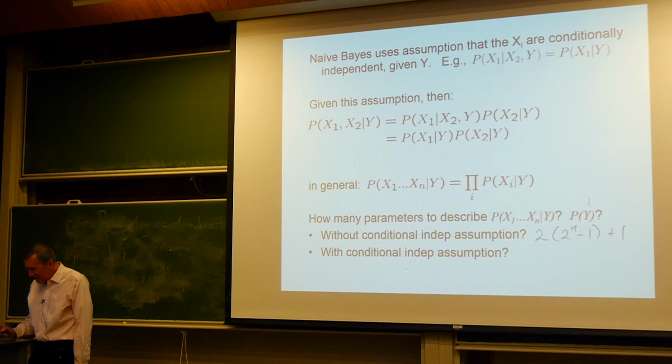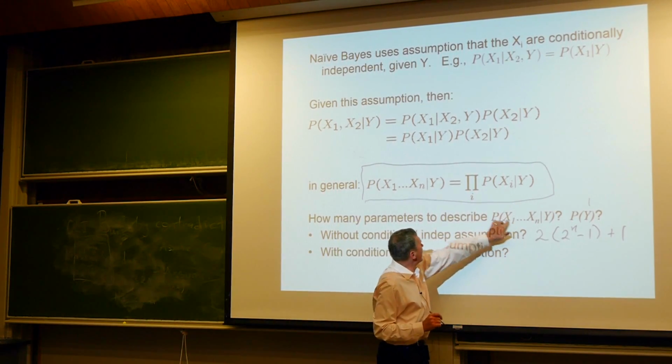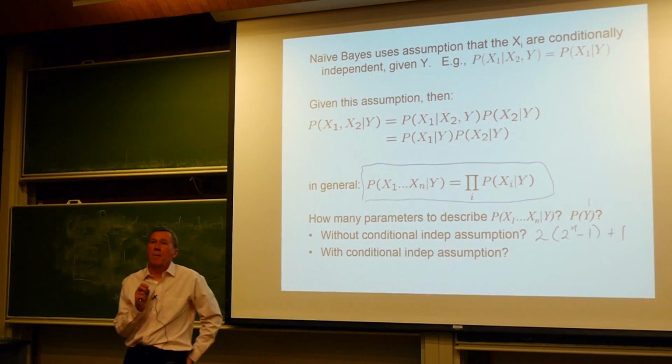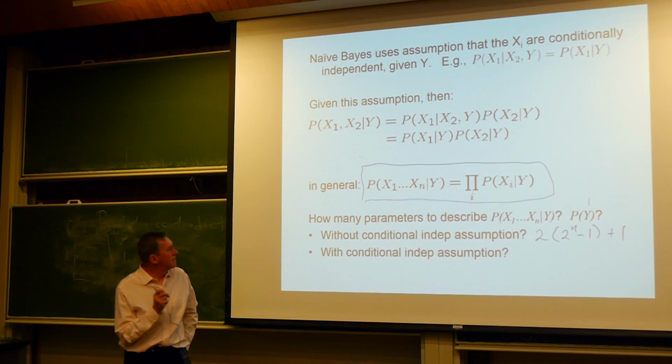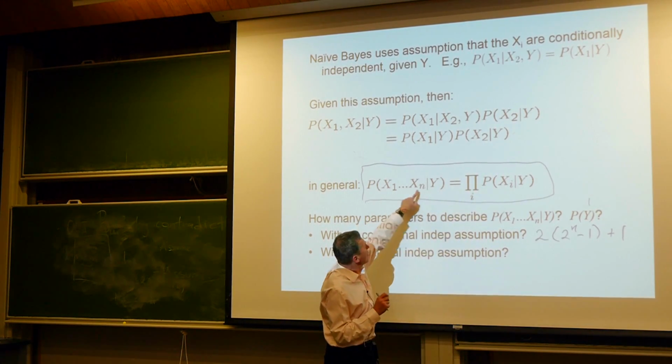If we have the conditional independence assumption, then how many probability terms now do we need to represent this? So let's see, we're going to have n of these, right? i can be anything 1 through n.